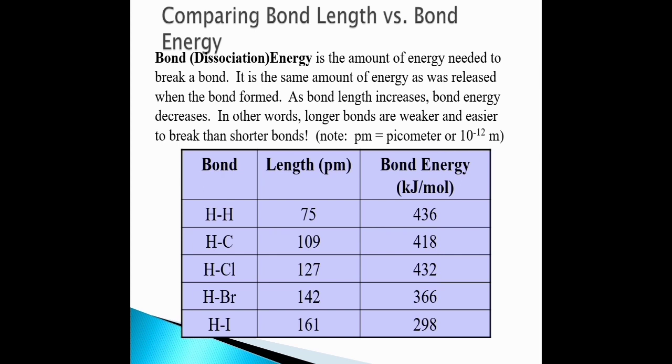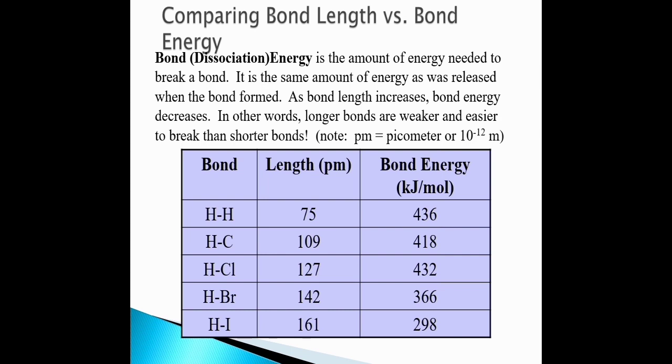pm is picometer, or 10 to the power negative 12 meter. Hydrogen-hydrogen bond: the bond length is 75 picometer and bond energy is 436. Hydrogen-carbon bond length is 109 and bond energy is 418.